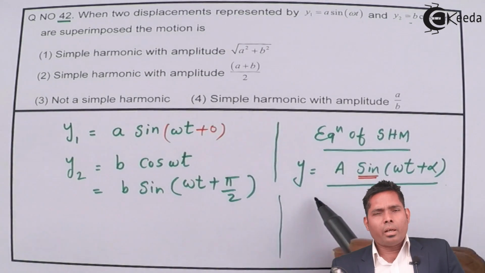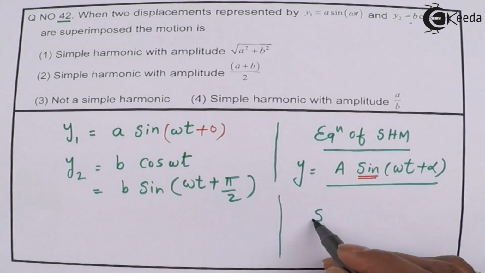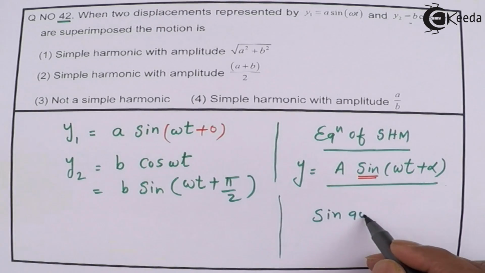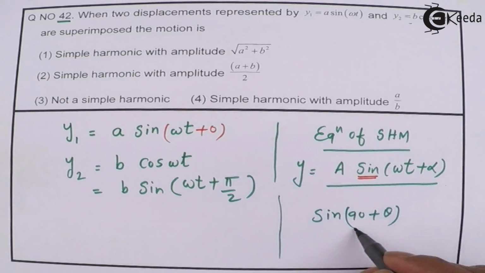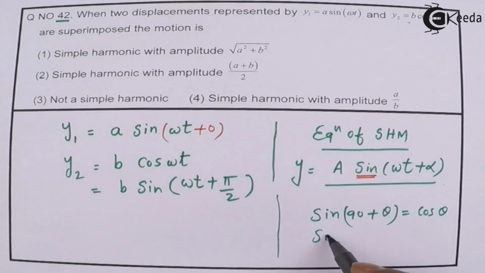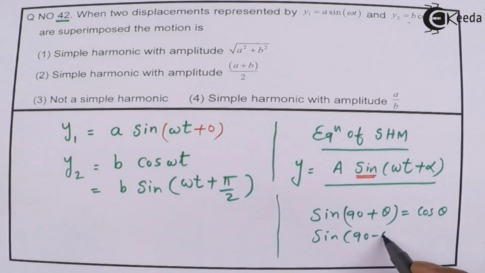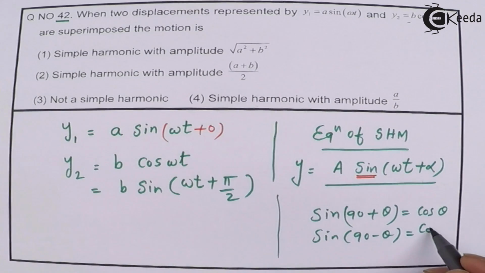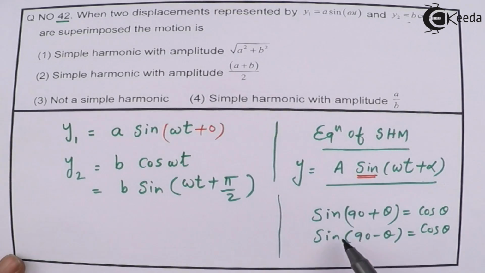I have a choice because sine of 90 plus theta is cos theta and sine of 90 minus theta is also cos theta.